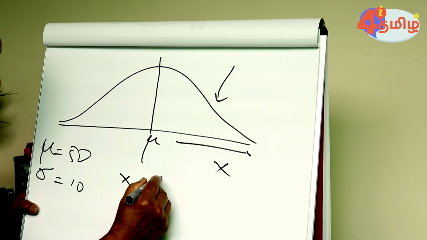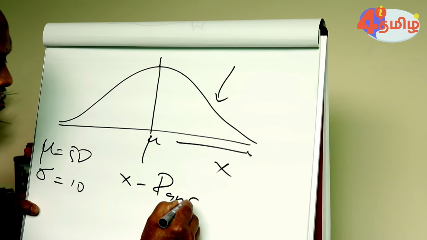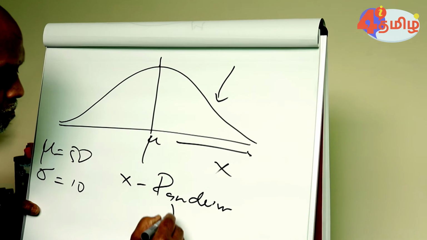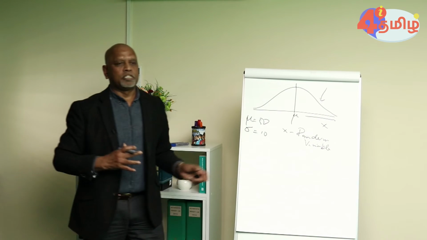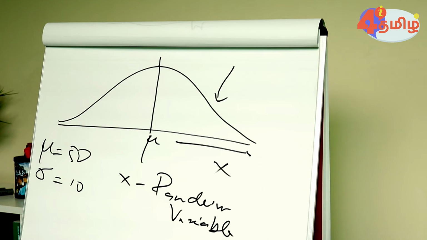X is the random variable. Say, for example, we're doing a survey of the height of people in a particular town.